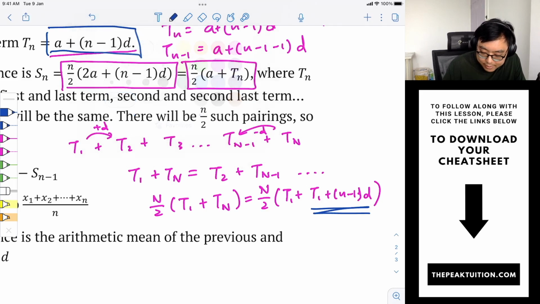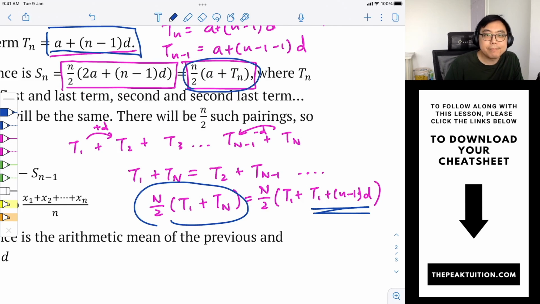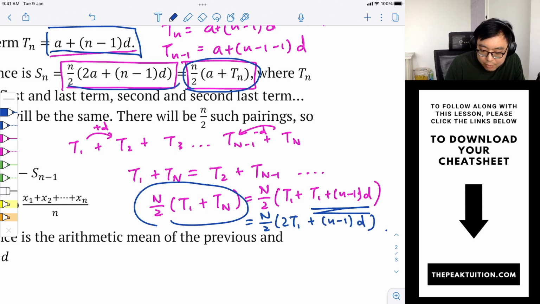And we note that this expression here is basically this sum. When we write the sum up like this, we see that we get n over 2 times (t1 plus t1 plus (n minus 1)d), which gives us the other form of the summation.